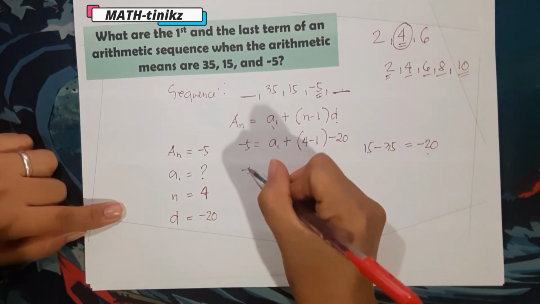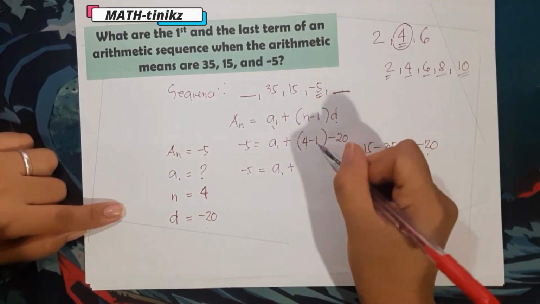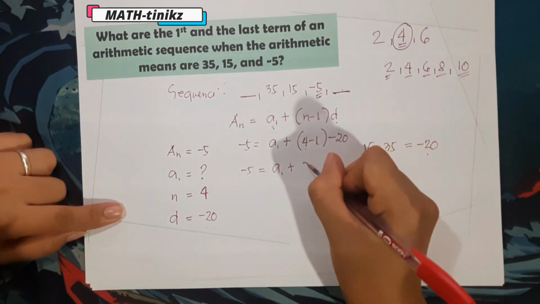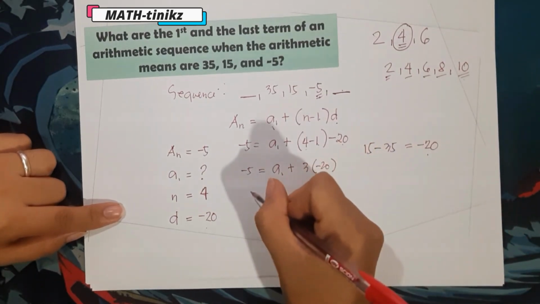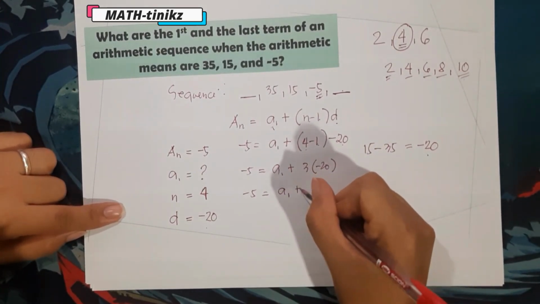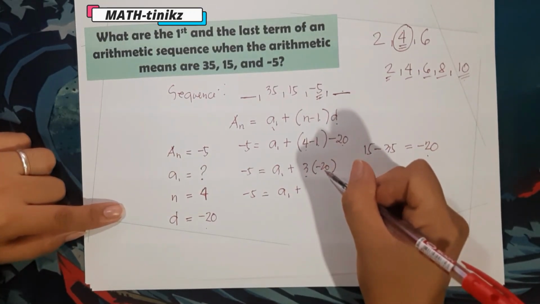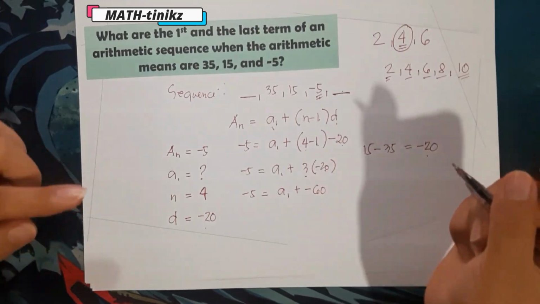Copy negative 5, copy a sub 1 plus 4 minus 1 is equal to 3 times negative 20. Copy negative 5, copy a sub 1 plus 3 times negative 20 is equal to negative 60.